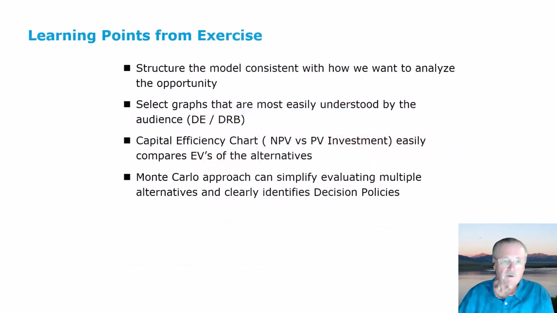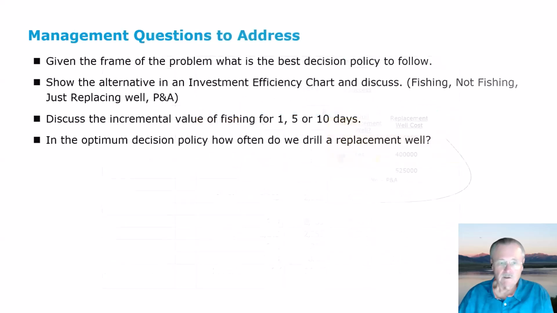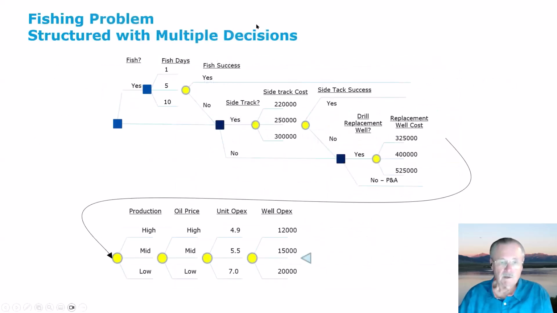What have we learned by doing this? We want to structure the model to be consistent with how we want to analyze the opportunity. In this case, we want to be able to run all the different strategies. By the way, the method I'm talking about here works really well with value of information, because effectively that's what we're doing here. We got information. If I come back here to this, this becomes information.